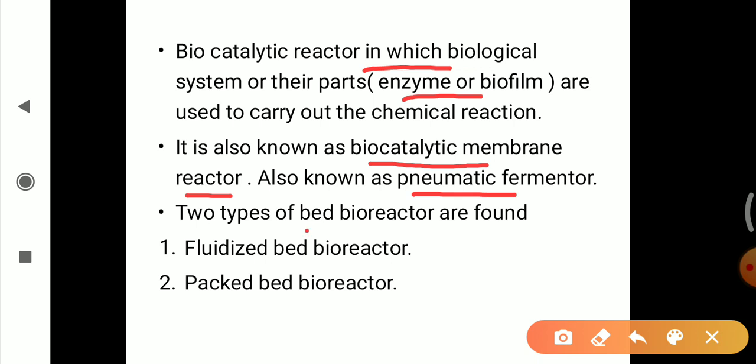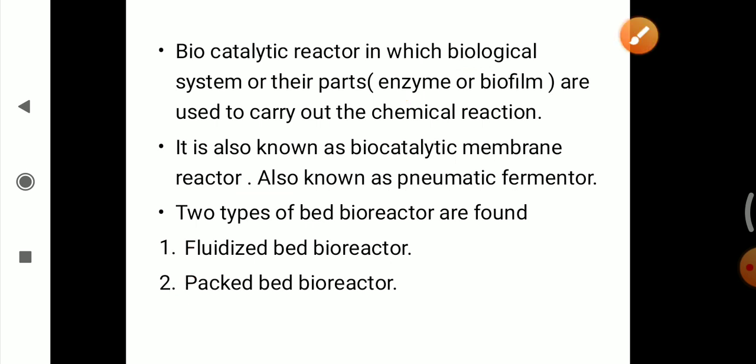Two types of bed bioreactor are found, that is the fluidized bed bioreactor and the packed bed bioreactor. They are more or less similar, which we will see.